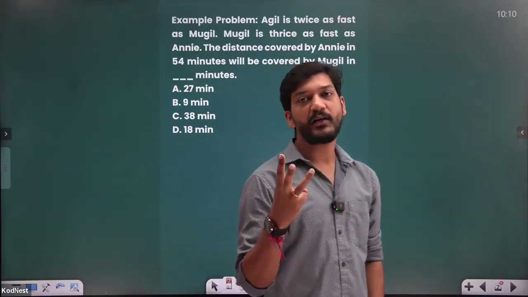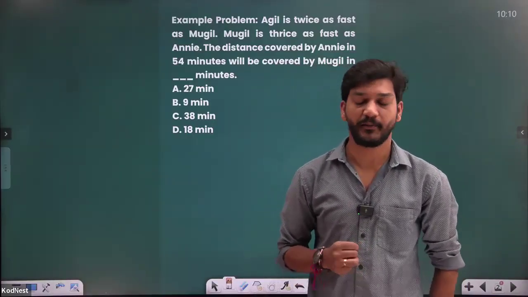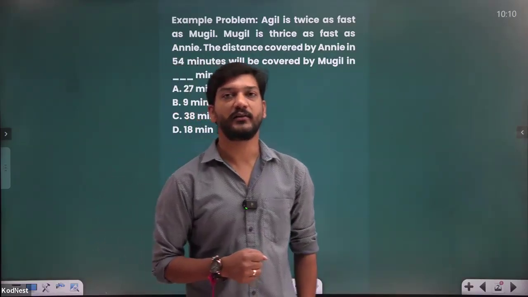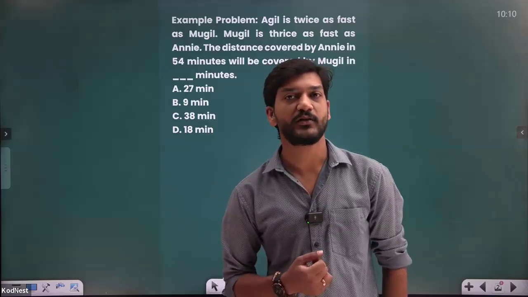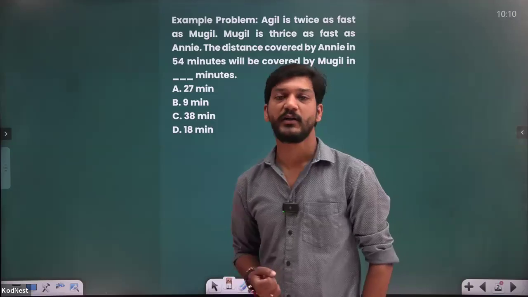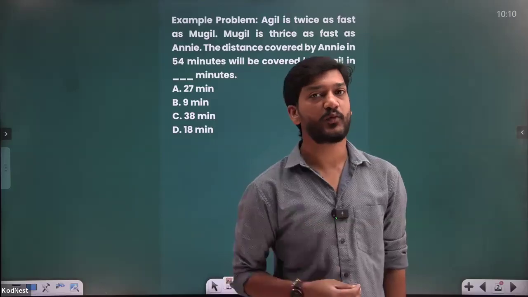So three parameters are there, and three situations arise. In some situations distance is constant, in some situations time is constant, and in some situations speed is constant. Based on what is constant and what is not, we have to apply the proportionality.